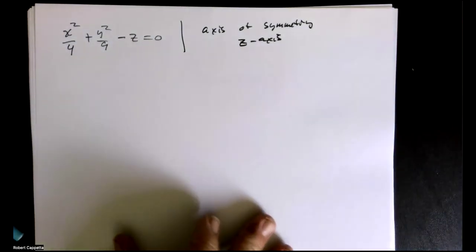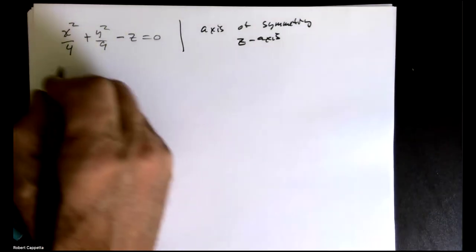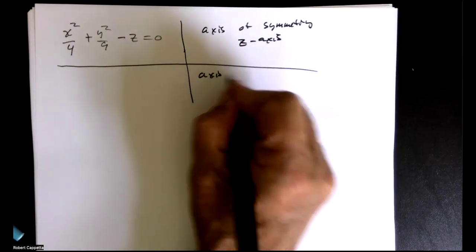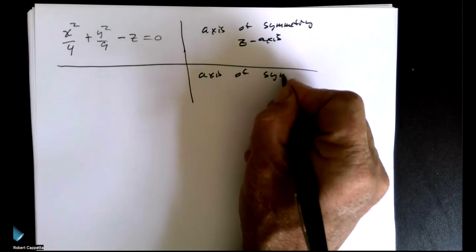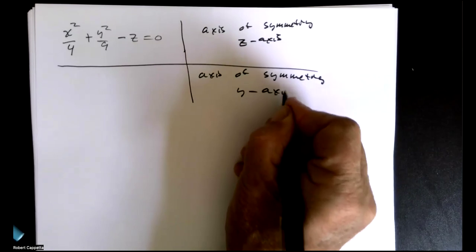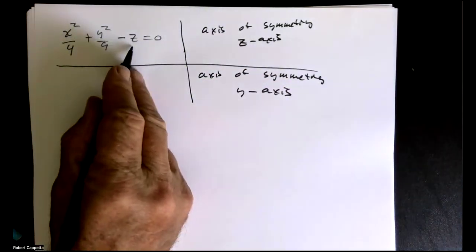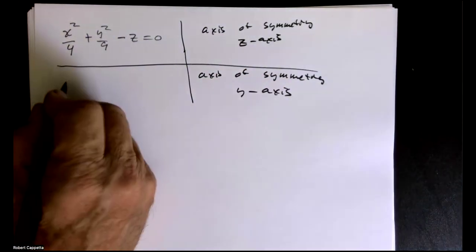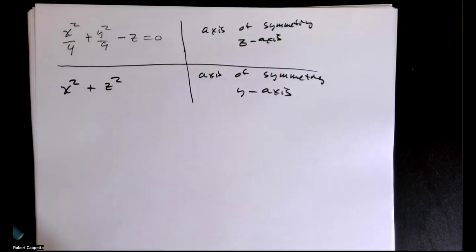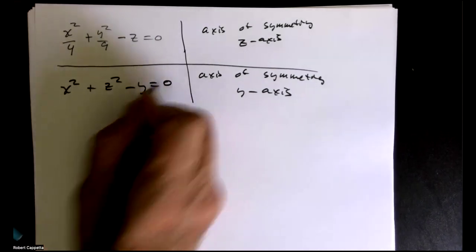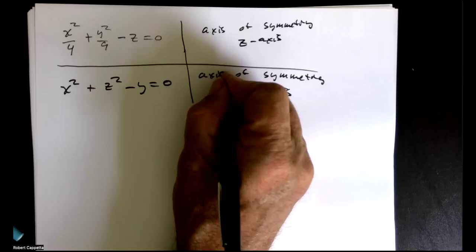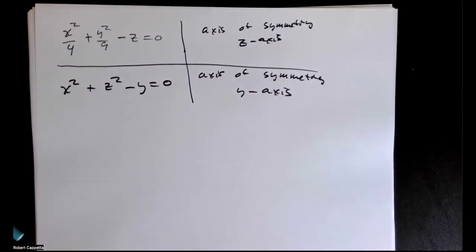So I hope it's obvious how we would go ahead and change this. If we want to have the axis of symmetry to be the y-axis, what would that be? Well, then the y has to be negative. X and z both have to be squared. So I need x squared over something plus z squared over something minus y equals 0. This should give me an axis of symmetry of the y-axis for my elliptic paraboloid.